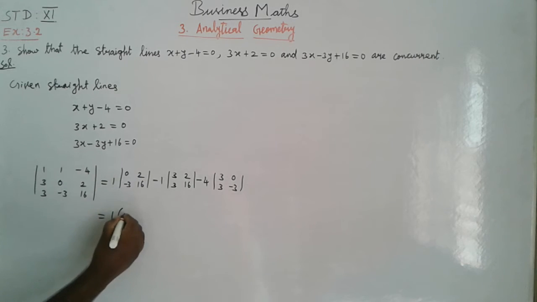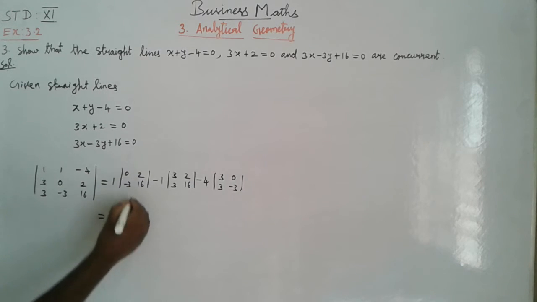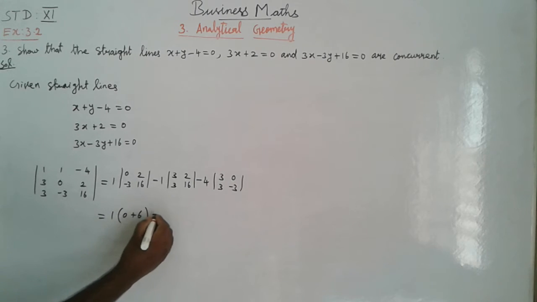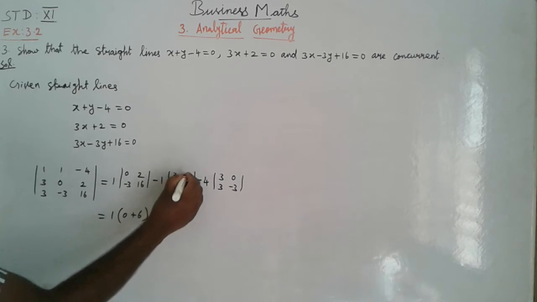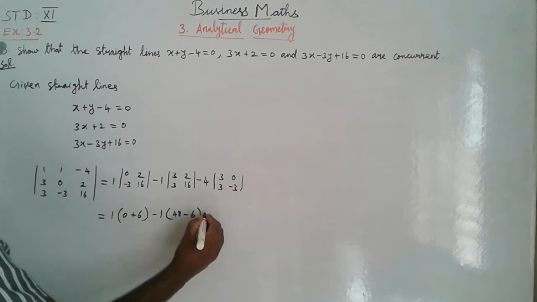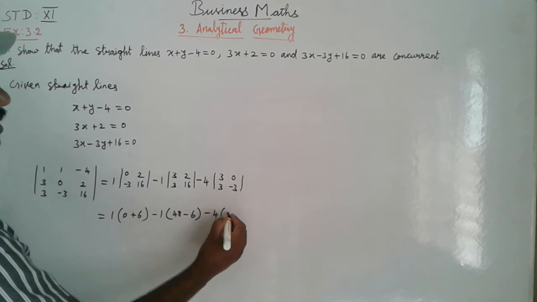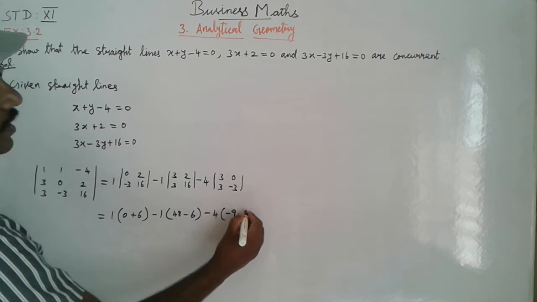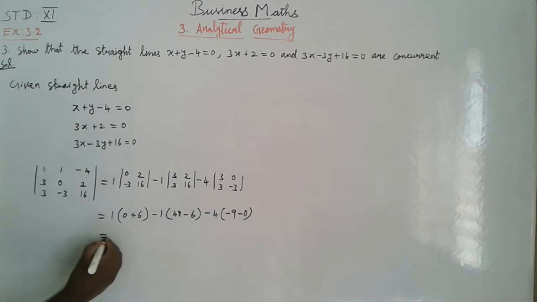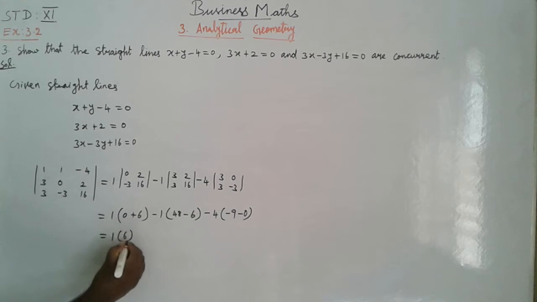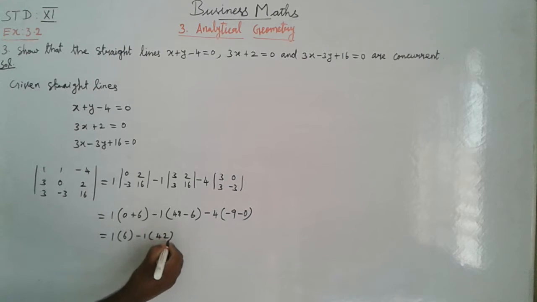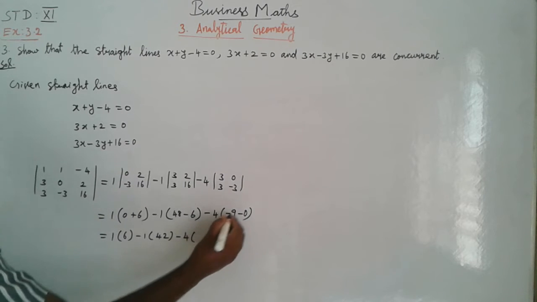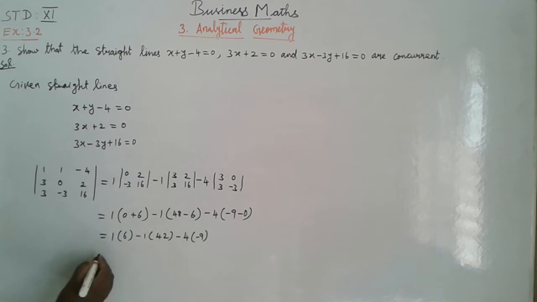1 into 0 into 16 is 0, minus into minus 3 2s are 6, so 6. Minus 1 into 3 into 16 is 48, minus 3 2s are 6, so 42. Minus 4 into 3 into minus 3 is minus 9, minus 3 into 0 is 0, so minus 9. So 1 into 6 is 6.